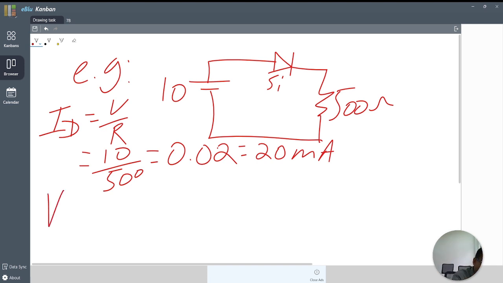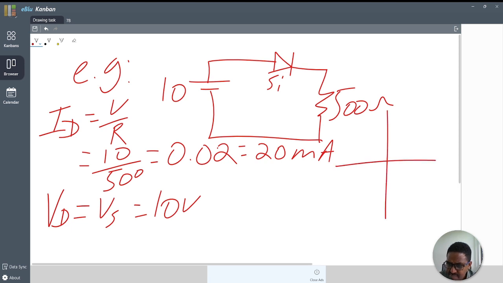What about VD? VD equals V source, that is 10 volts. Then plot the load line. This is not perfect, but assume for the example this is 20 milliamperes and this is 10 volts.